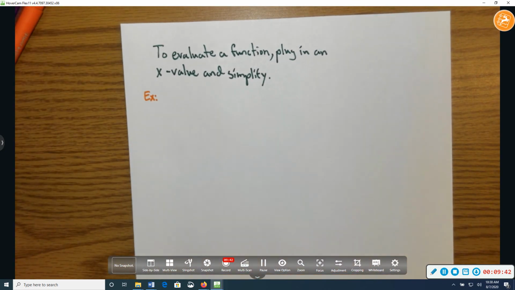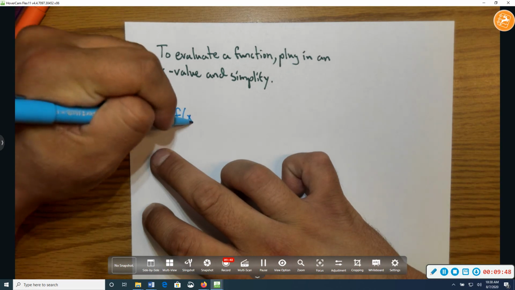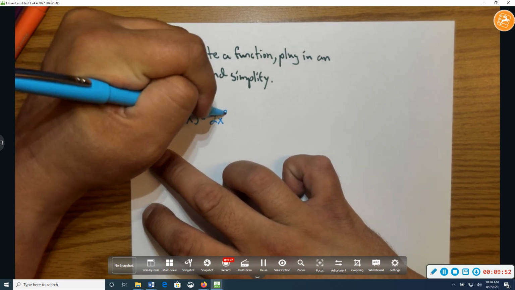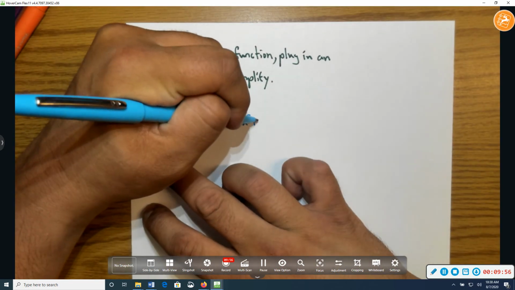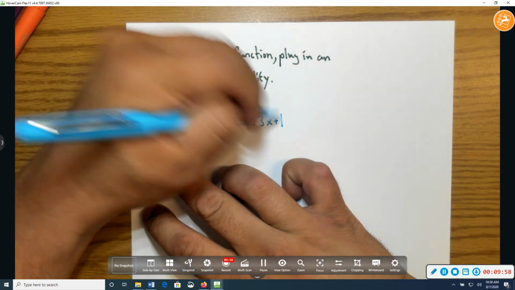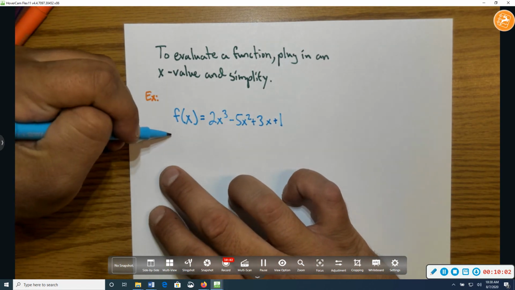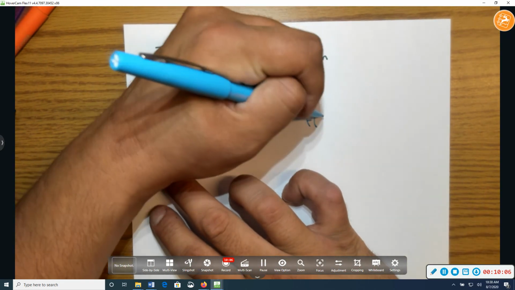Examples galore, right? There's a lot of them. Okay, let's try a new color here just for fun. Let's say that we have f of x is equal to 2x cubed minus 5x squared plus 3x plus 1. And we want to find f of 2.